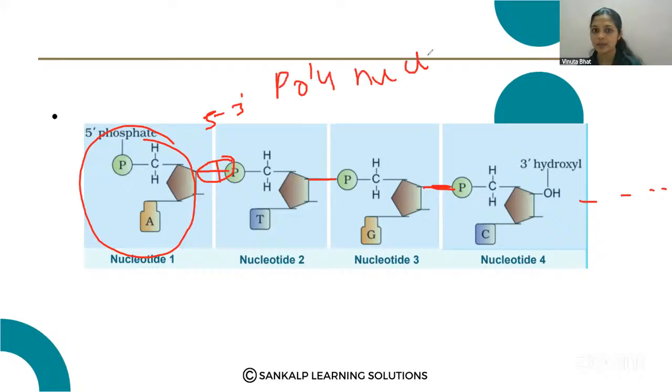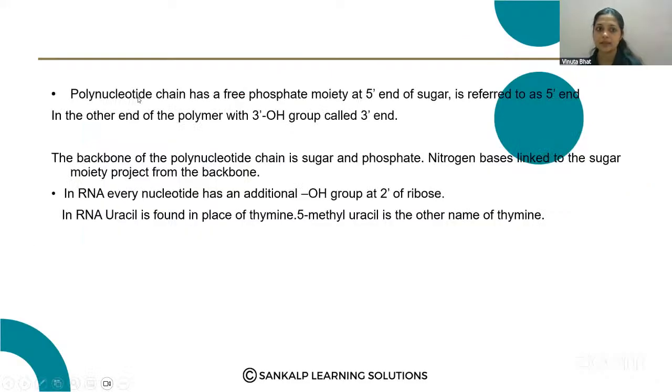So that is the meaning of polynucleotide chain. Okay. Then polynucleotide chain has free phosphate moiety at the 5' end of the sugar. So is referred as 5' end. In the other end, the polymer with 3' OH group is called as the 3' end. Okay.